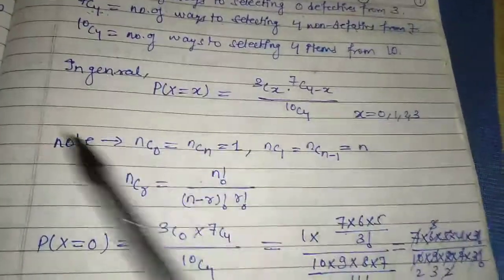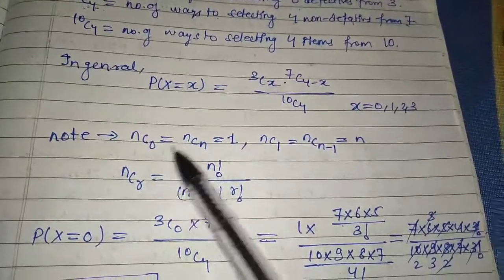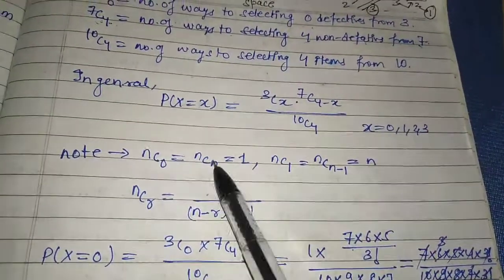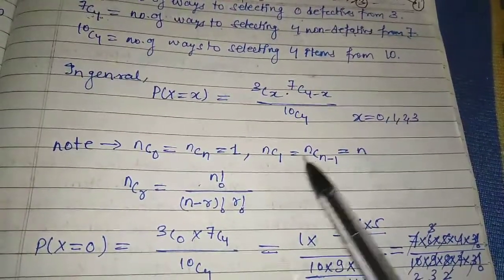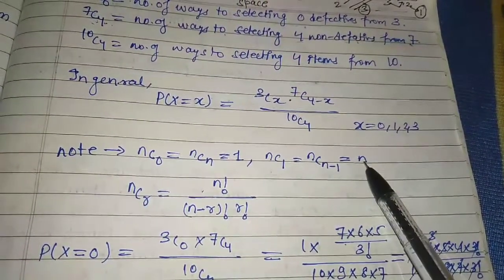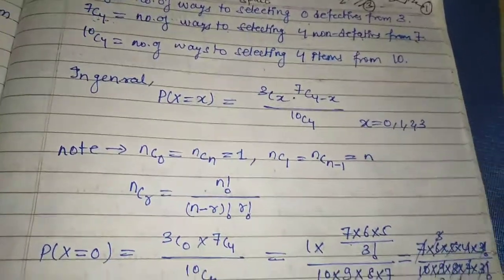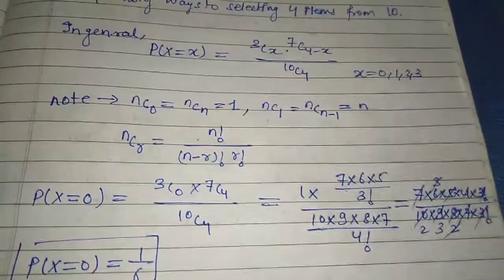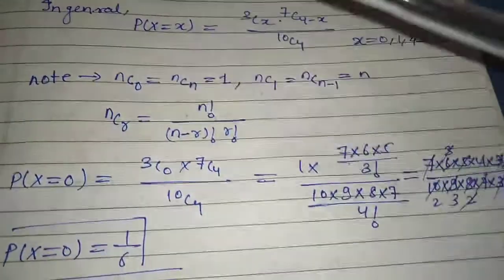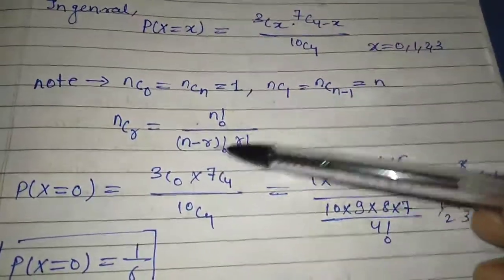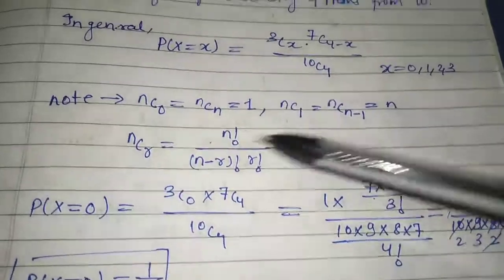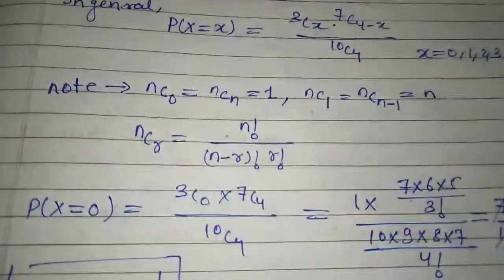Now note that nC0 is equal to nCn, which equals 1, and nC1 is equal to nC(n minus 1), which equals n. This is combination, I hope you know about this. And nCr is equal to n factorial upon r factorial times (n minus r) factorial. This is used to find the combination.